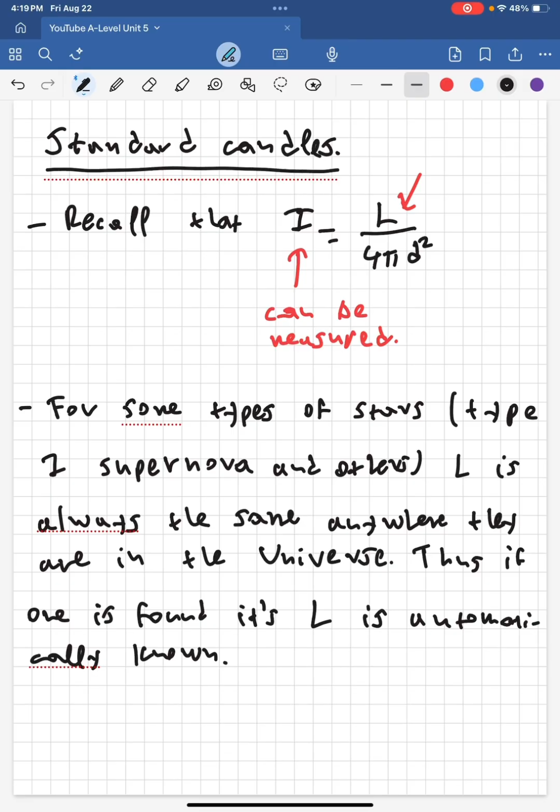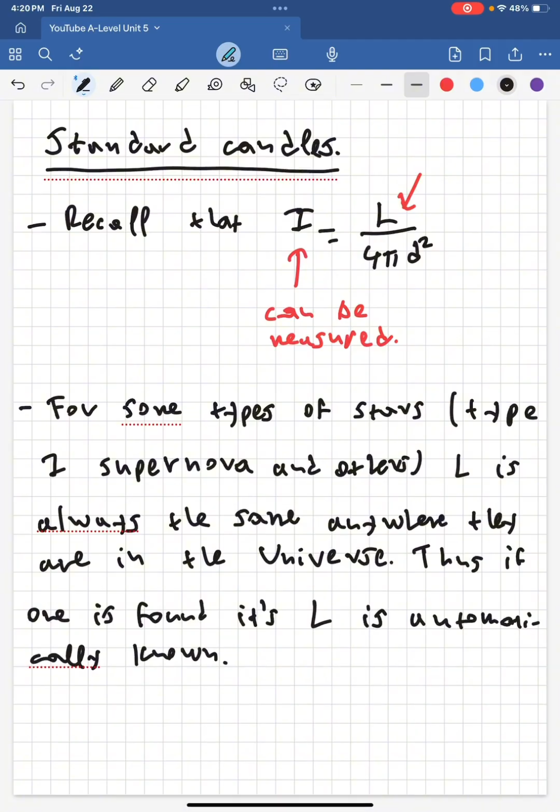Okay, so let's say that there was a type 1 supernova, I don't know, 10 parsecs away from here. If it was 10 parsecs, then people were able to find the distance using the parallax method. And once you know the distance, and because you can measure the intensity, you automatically find the luminosity. So if you find the luminosity for one such standard candle, then you know the luminosity of any other standard candle in the universe.